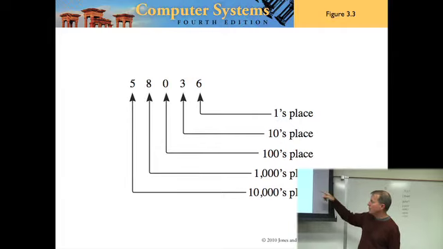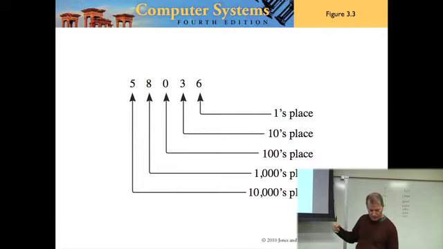The right-hand digit is the ones place, the 3 is at the tens place, the 0 is at the hundreds place, the 8 is at the thousands place, and the 5 is at the 10,000s place. So what's the rule? Each time you go one place to the left, you multiply the place value by 10 from the one before.